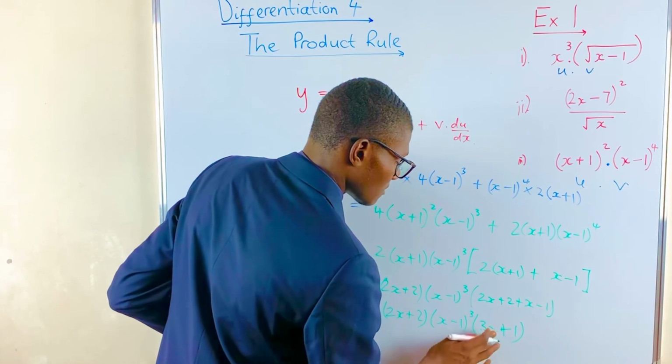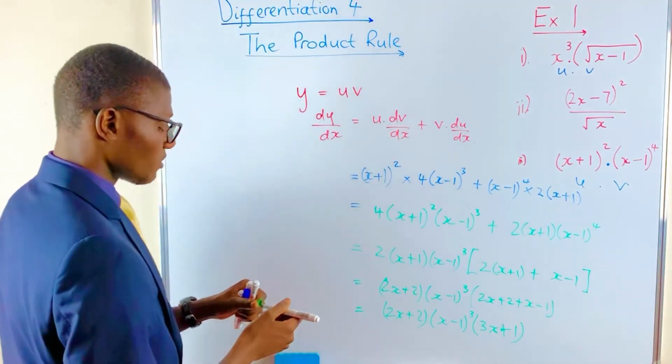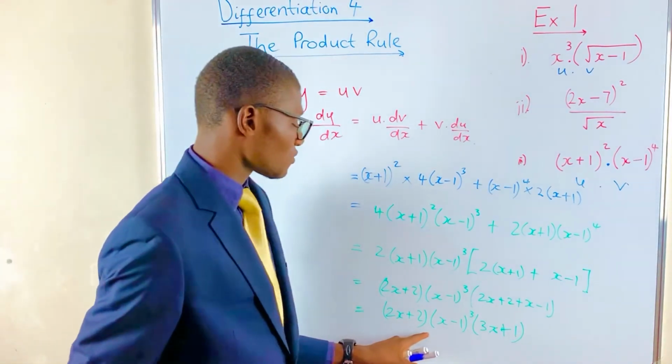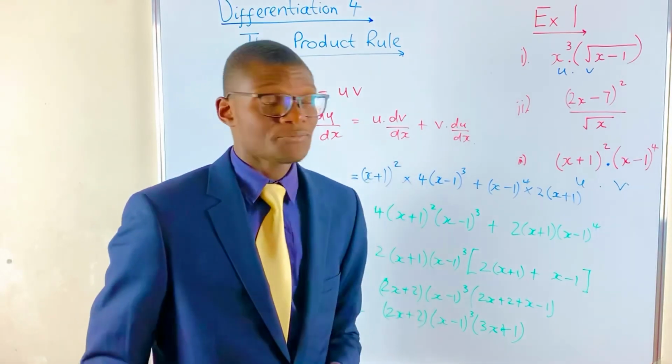So 3x plus 1. Let me write this properly, like this. So this will be the final answer. (2x plus 2) times (x minus 1) to the power of 3 times (3x plus 1).